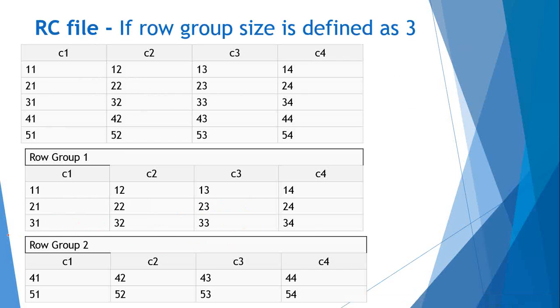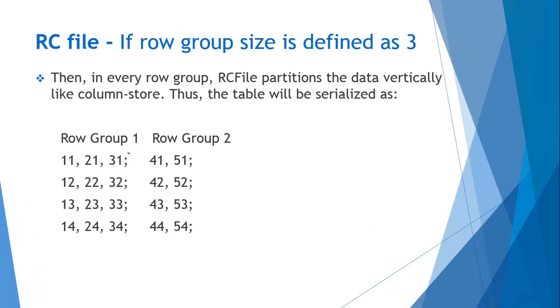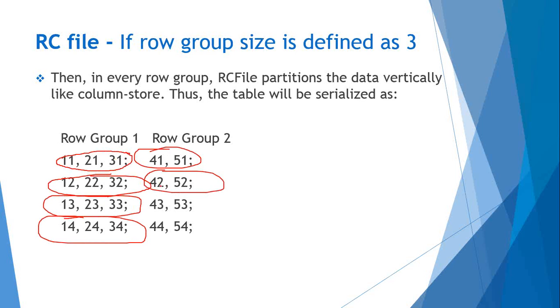We divide this file horizontally first, so we create 2 row groups of this file, and then we store the data column by column.